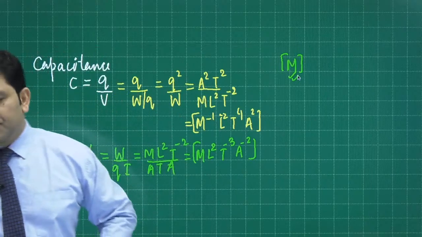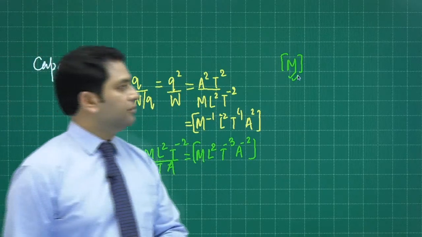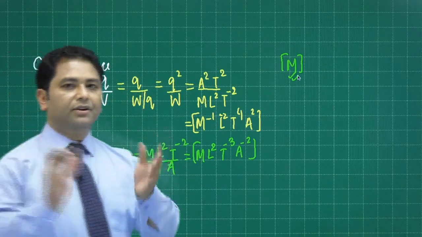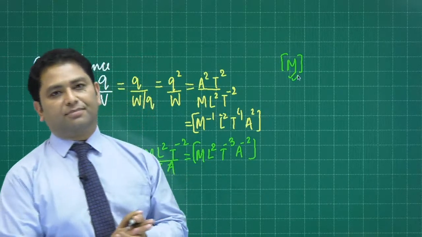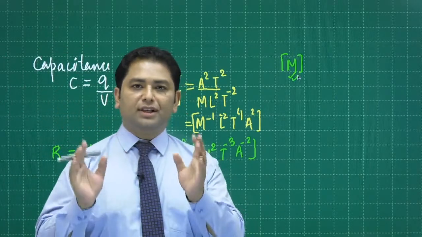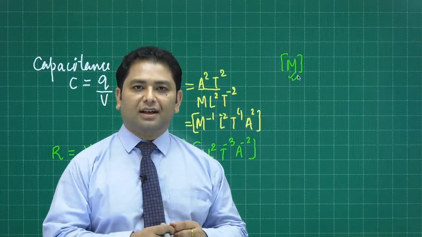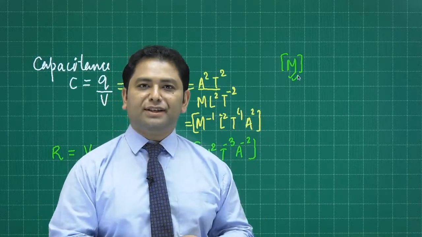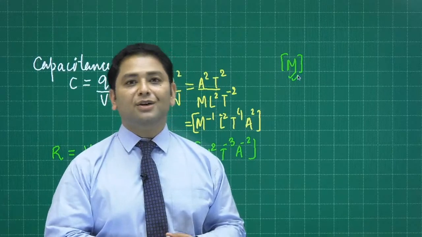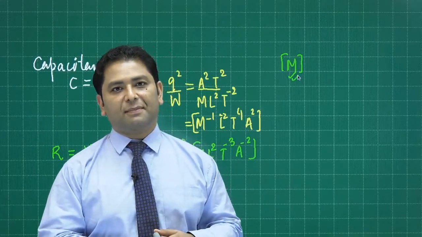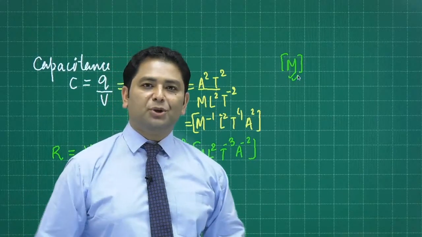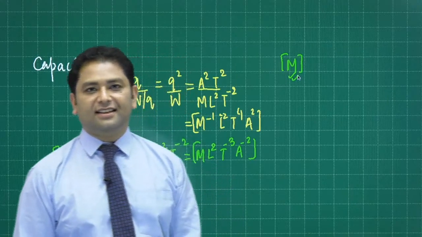Okay, so to calculate the dimension of mutual inductance, you need to find a relationship where mutual inductance is involved. And apart from finding the relationship, you also need to find a very convenient relationship. I think you can relate mutual inductance with energy.